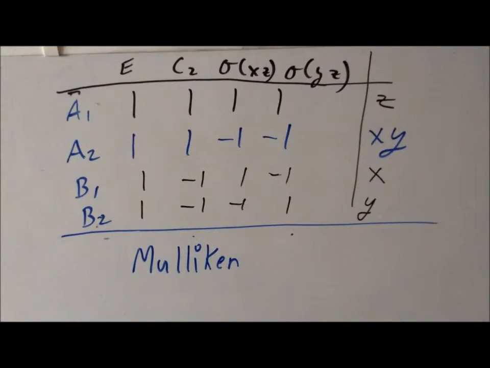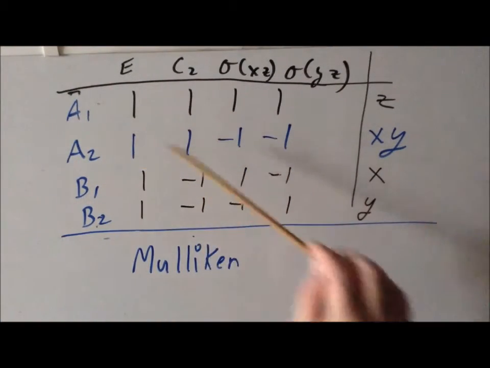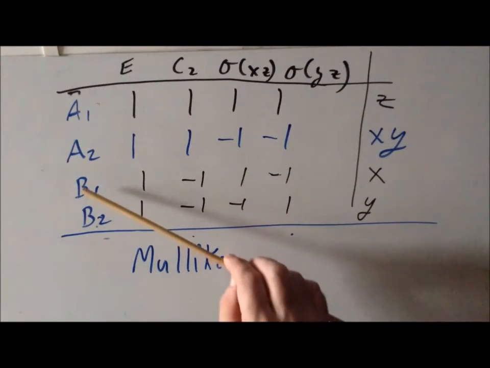So the Mulliken label for symmetric is A, for anti-symmetric is B. So that accounts for the A or B part of it.